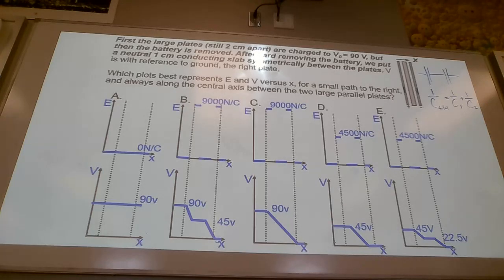You okay with that? So the charge is held constant, the capacitance goes down, and so, okay. Capacitance goes up.